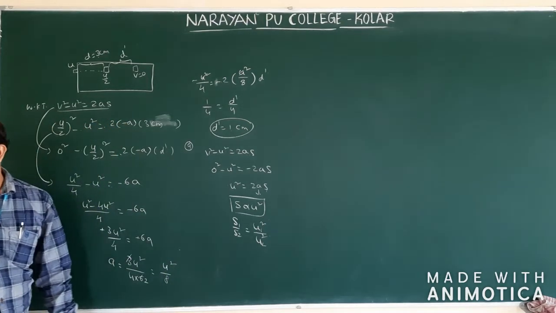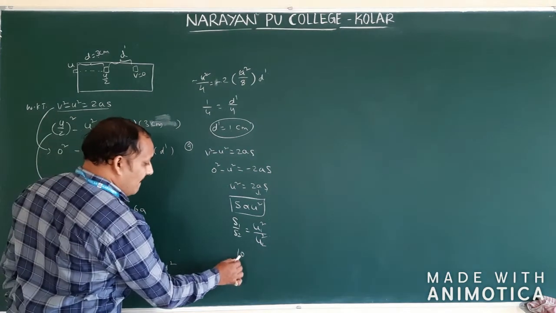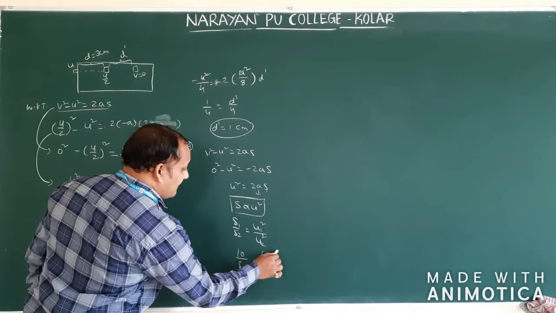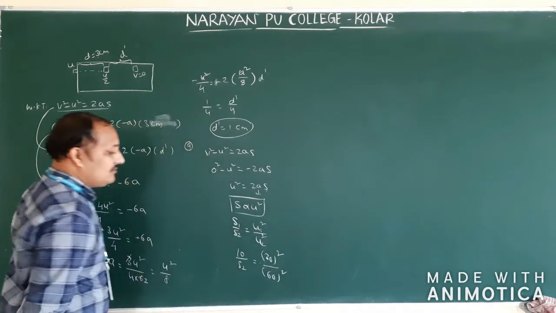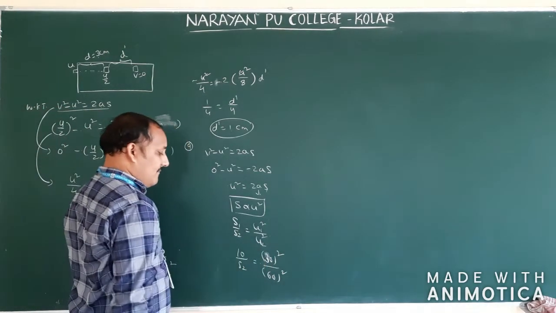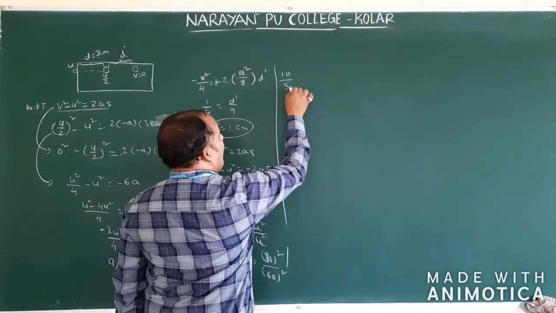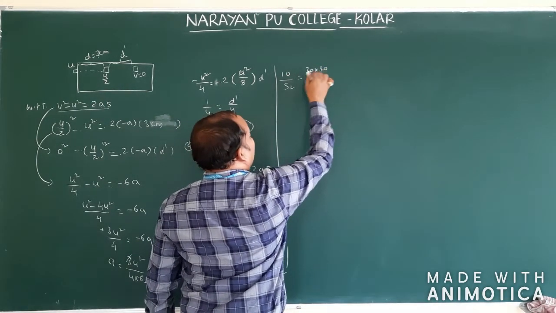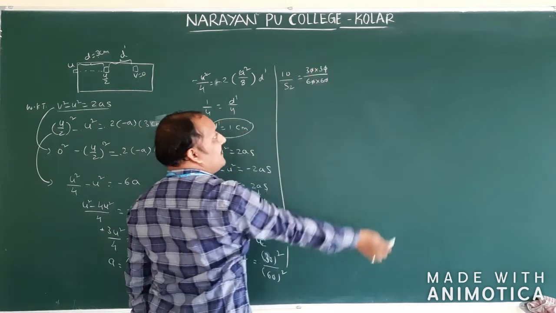First stopping distance they give. How much? S1 value 10 meters. Second stopping distance they ask. Initial velocity they give 30. Next, it is going to increase 2 times. So 30 square by 60 square. Okay, 10 by S2 equal to 30 square by 60 square. 30 into 30 by 60 into 60. 0, 0, 0, 0 will be cancelled.